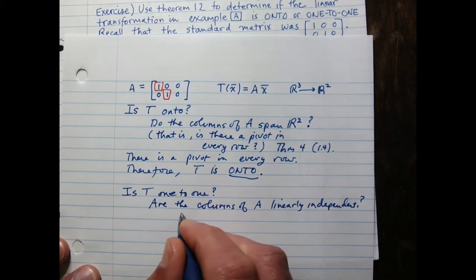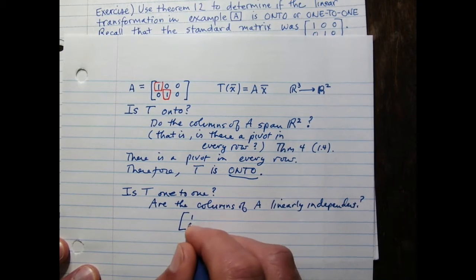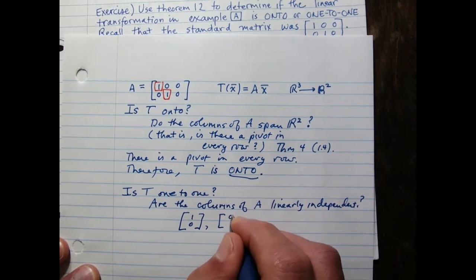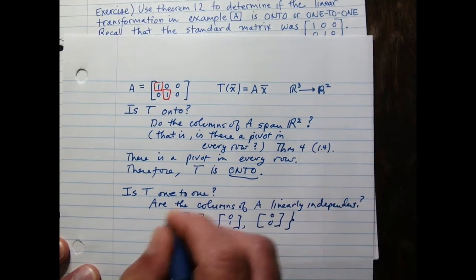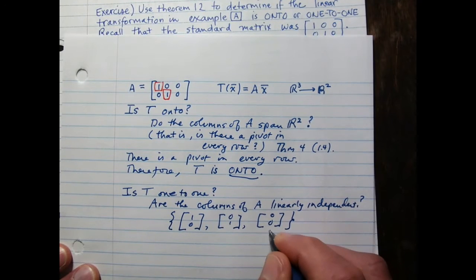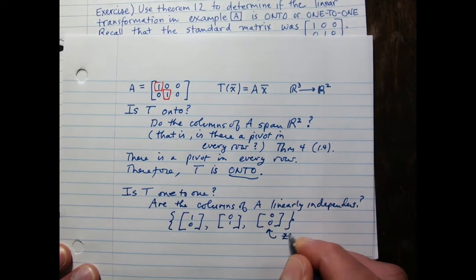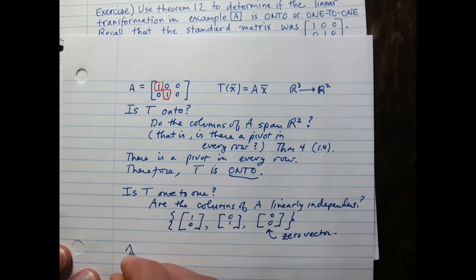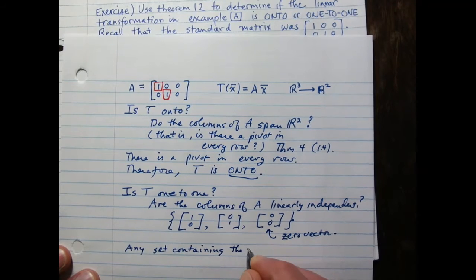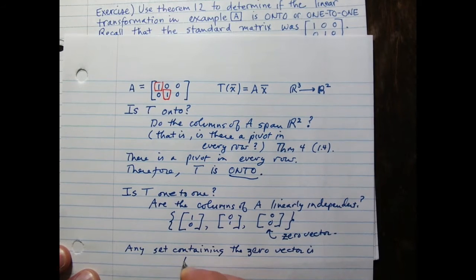Well, the columns of A are 1, 0, 0, 1, and 0, 0. One of the columns is a 0 vector. And we know any set containing the 0 vector is linearly dependent.